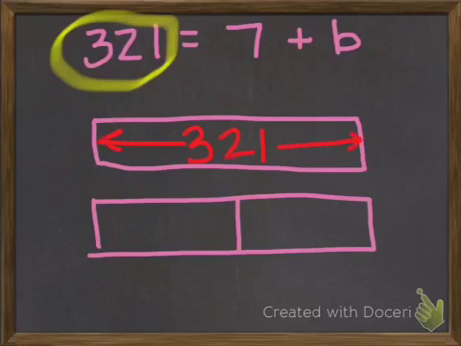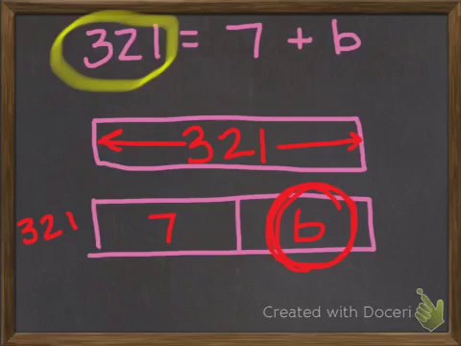Okay, the parts that make up 321 are 7 and b, because it's 7 plus b equals 321. Now, because we're missing a part, we need to subtract to find the part. 321 minus 7. You could do it mentally, or you could do it with the algorithm.